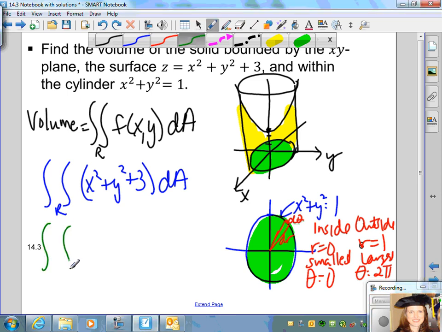So this becomes r squared plus 3, and our dA we can write as r times dr times d theta, where the inside bounds for r go from 0 to 1, and the outside bounds for theta go from 0 to 2 pi.